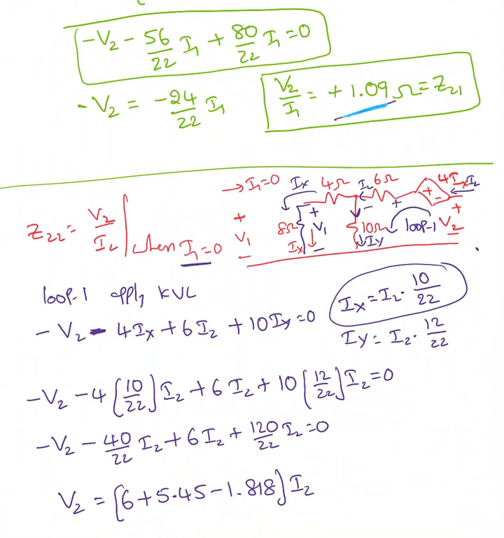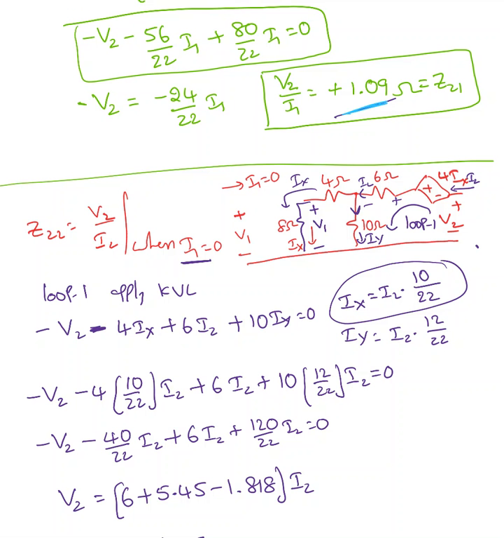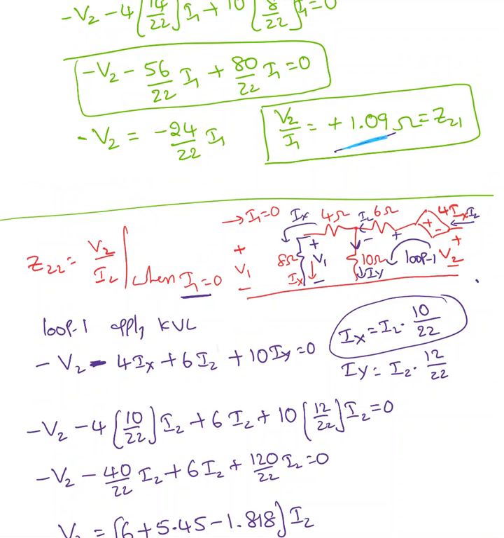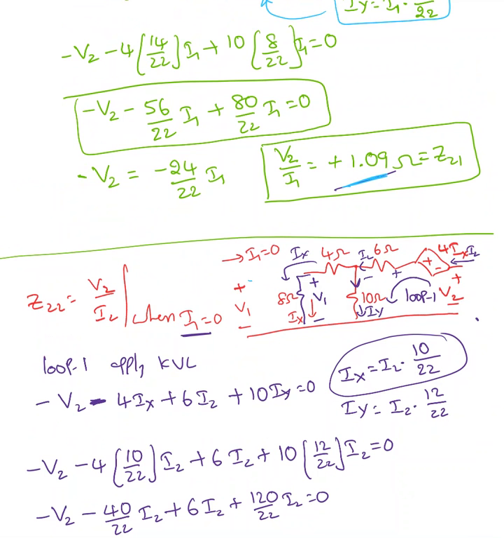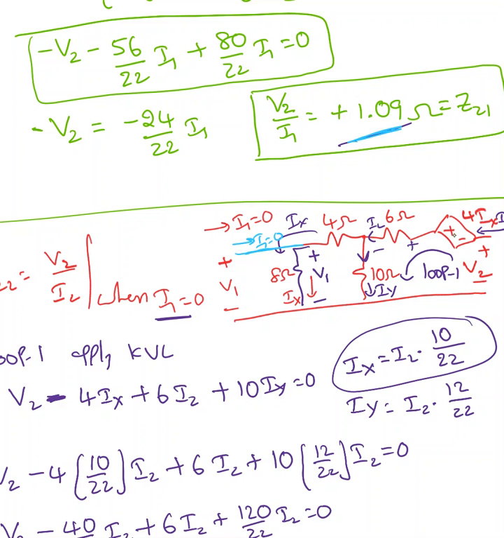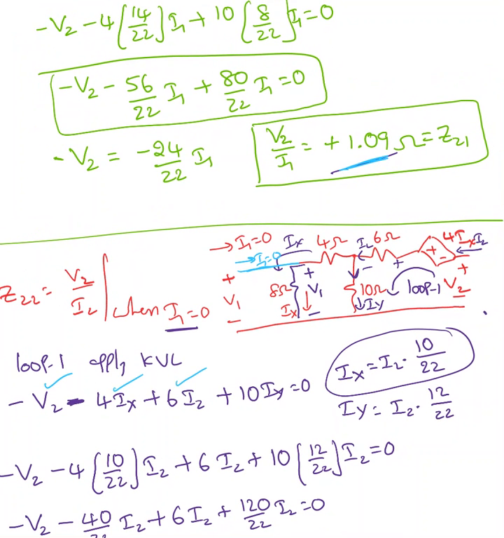Now I'm going to find Z22. Here my I1 equal to 0. So the current coming from here must be equal to 0. So the voltage drop across the 8 ohm must be equal to V1. And there is still Ix current passing through the 8 ohm. Now I'm going to apply KVL in loop 1: minus V2 minus 4Ix plus 6I2 plus 10Iy equal to 0.